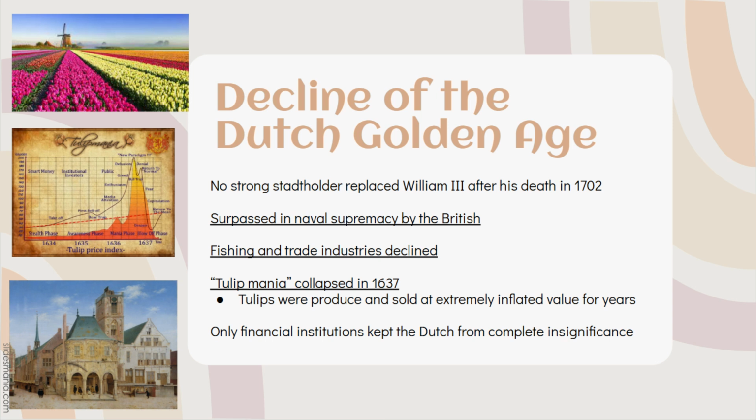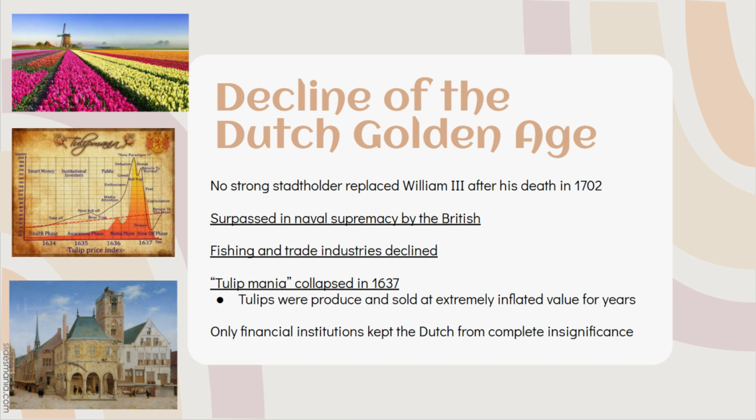And then we've got tulip mania. So pretty much in the early 1600s, tulips were really in vogue around Europe and they were seen as a status symbol. So the Dutch are really the main producers of tulip bulbs and they were sending these tulip bulbs all over Europe for exorbitant prices. And what ends up happening is that the trend goes away, and all of these different people had invested in tulip fields because the profit was so high.